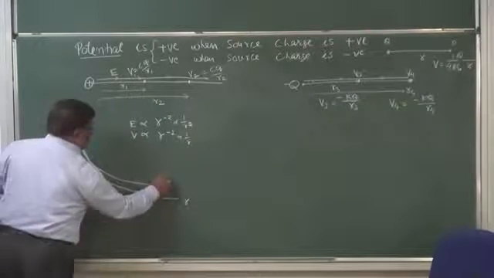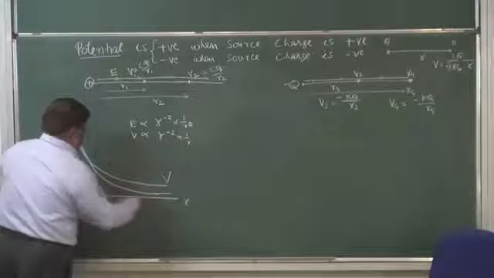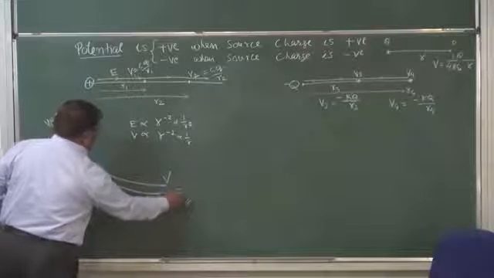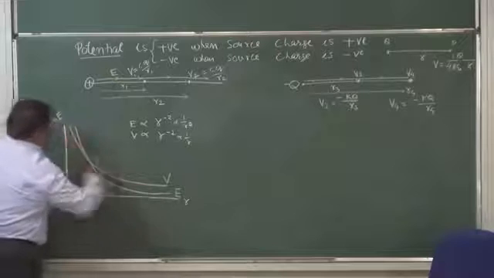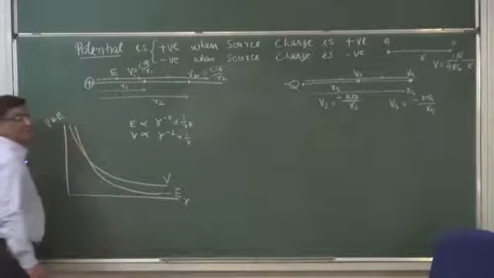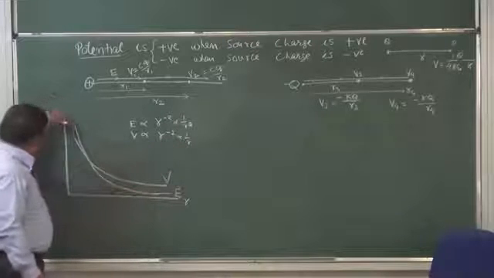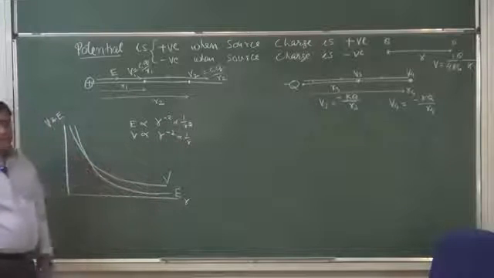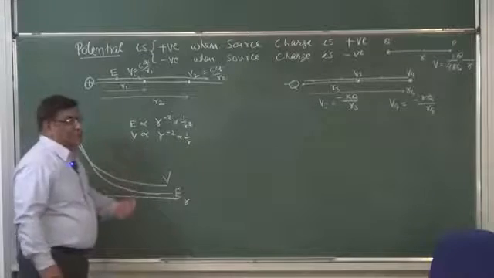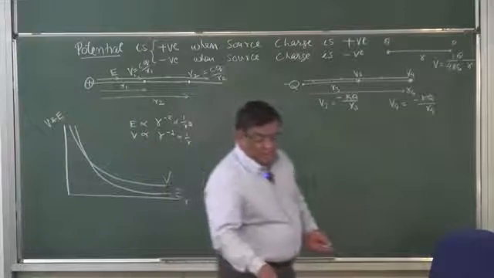This is the graph for V and this is the graph for E. This is deeper and this is less curved. From R1 to R2, the value will deplete faster for E. So this is how it will be.